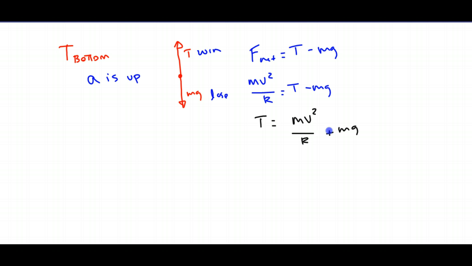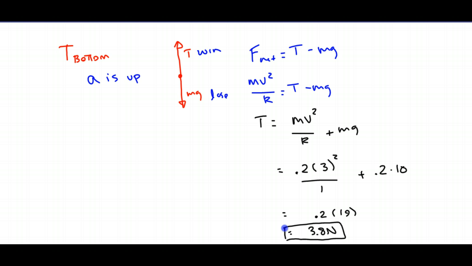As I plug all that in, I've got 0.2 times 3 squared divided by 1, plus 0.2 times, for our sake, let's just say 10. So this is 0.2 times 19, or approximately 3.8 newtons going up.